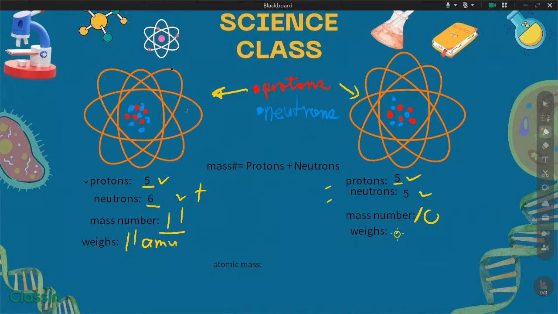So this weighs 10 AMU, right? So we all know that this is an isotope. Since the mass number is 11, we can call this one boron 11, and we call this one boron 10.